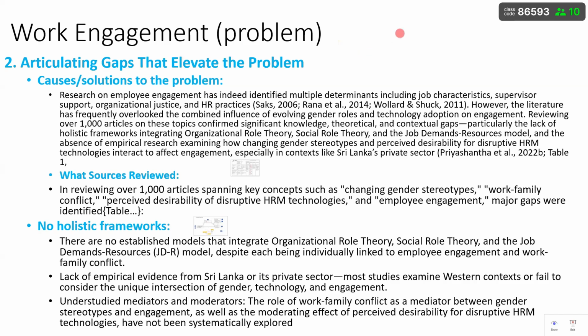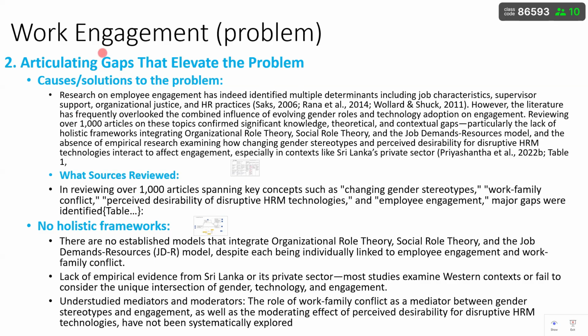The only problem is low work engagement. Then you can find out what the causes for this problem are. You can think about the causes or the possible outcomes, right? How can we solve this problem? With that thinking, you can develop a small conceptual framework.